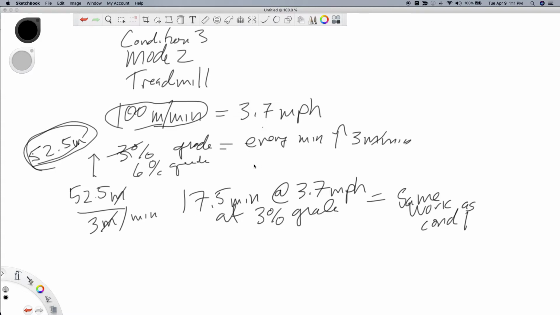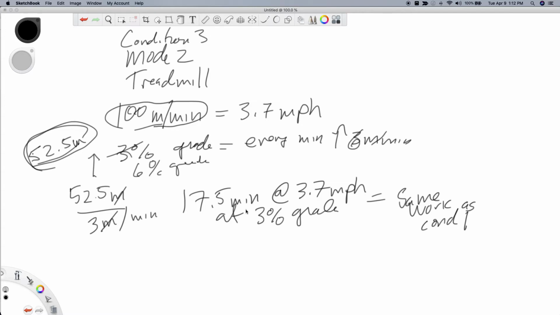So the idea here is that you are working with these numbers and that you're setting up a bench, that you're accessing a treadmill, that you're matching work across different modes, and then what you want to look at is your heart rate and your rate of perceived exertion in this condition.